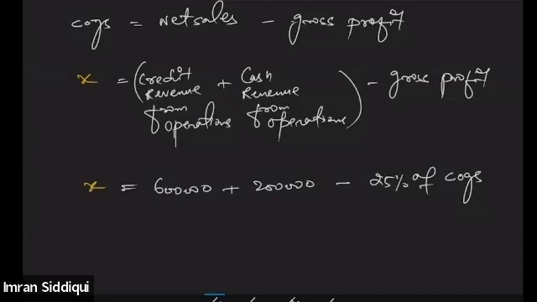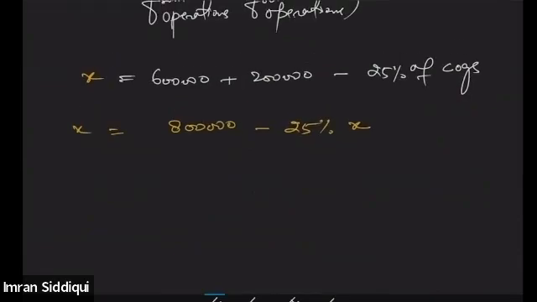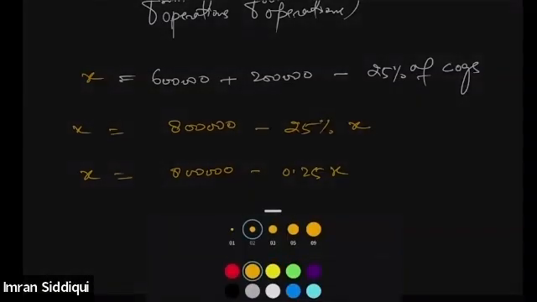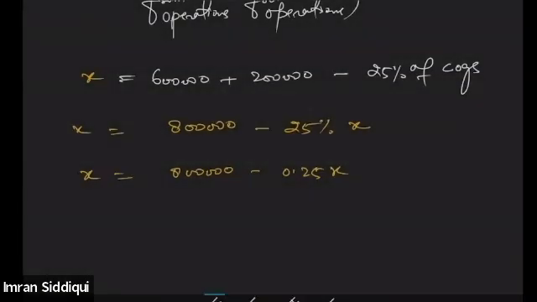All right. So now if the value of the cost of goods sold is X, and totaling the credit and cash revenue equals 8 lakh, gross profit will be how much? 25% of X, that is 1 by 4 X, or 0.25X. So X equals 8 lakhs minus 0.25X, either this or 1 by 4 X. Now, transferring this value to the left hand side of the equation, we'll get 1.25X equals 8 lakh.